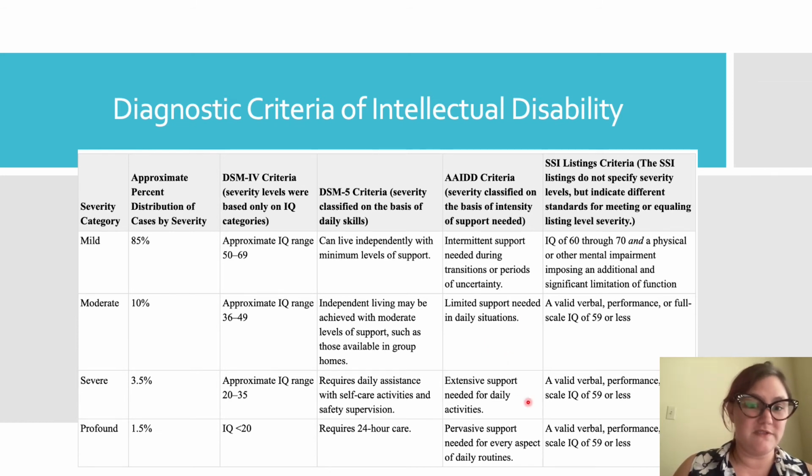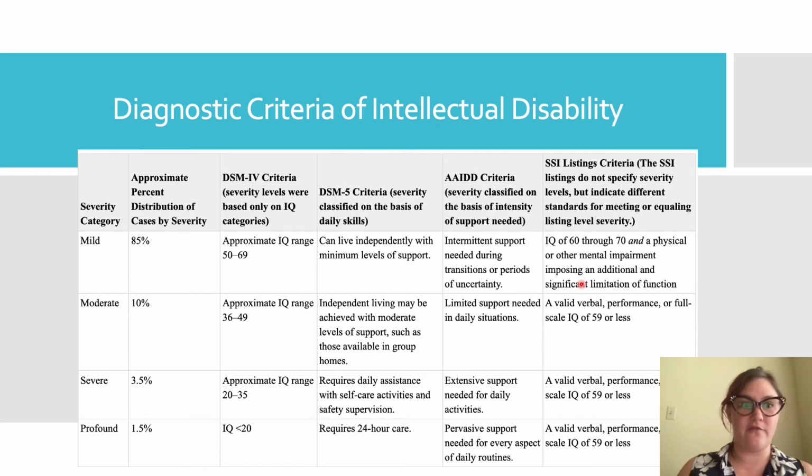Severe is extensive support needed for daily activities, and then profound is pervasive support needed for every aspect of daily routines. Then this last category is referring to Social Security criteria, and we'll talk about this in another video when we discuss eligibility criteria for disability-related services.